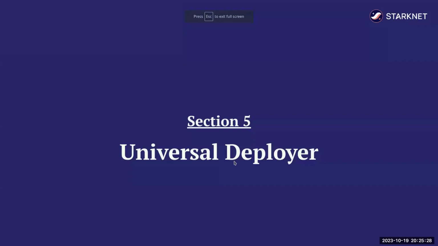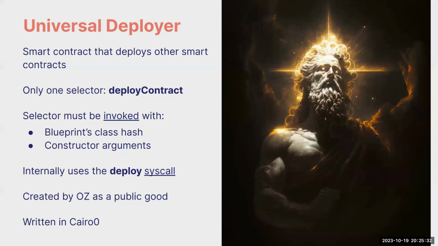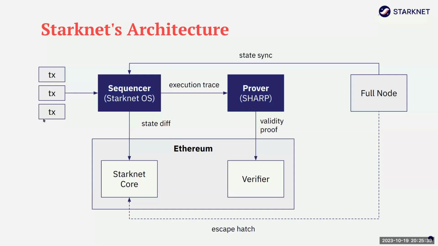So we're taking a look at the universal deployer. What is the universal deployer? We understand that you initiate transactions and you're able to write smart contracts. But how do we deploy our smart contract?